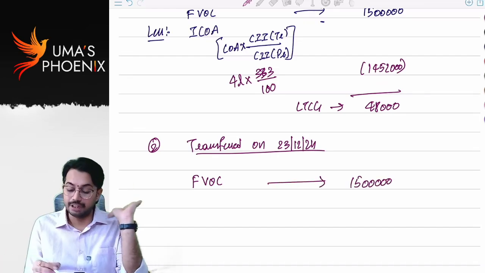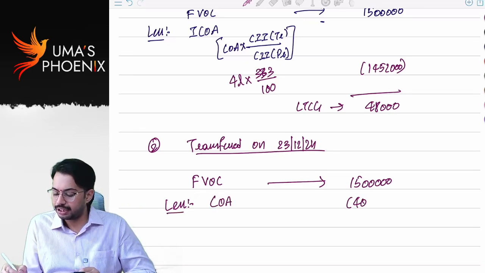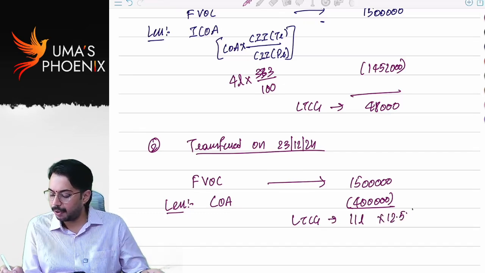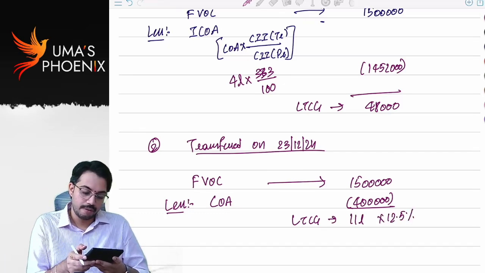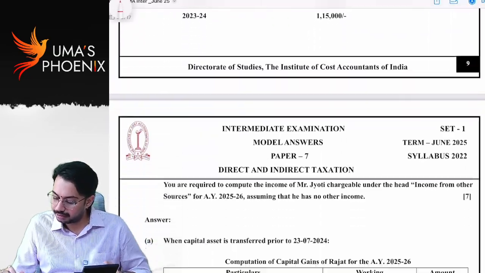Only cost of acquisition, indexation benefit is not available. Cost of acquisition 4 lakhs. So long term capital gain 11 lakhs. Tax rate is 12.5%. How much? 11 lakhs into 12.5%, 1,37,500. That is the tax liability.